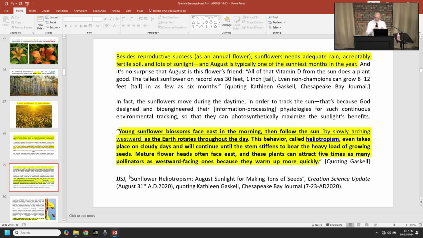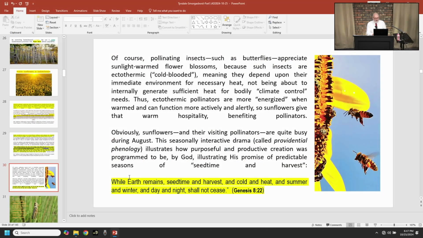And so they are attracted to plants that are warmer. And so the bees are helping the flowers, and the flowers are helping the bees. And that's the main point of this slide as well. Well, there's a consistency to this. And the seasons are needed to be dependable by bees, by flowers, by us.